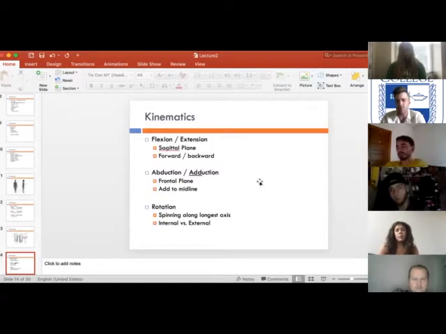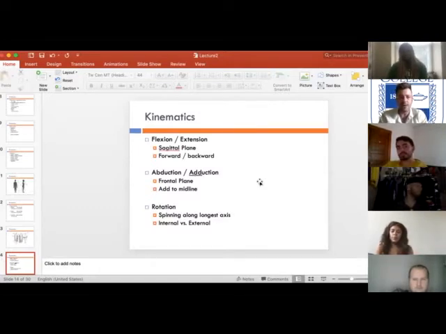You're contracting in a concentric contraction against gravity, or you're extending to absorb gravity. And we'll talk about different muscle contractions that create and absorb power. But flexion and extension will typically occur in the sagittal plane, abduction and adduction in the frontal plane, and rotational movements are typically going to be in the horizontal plane.